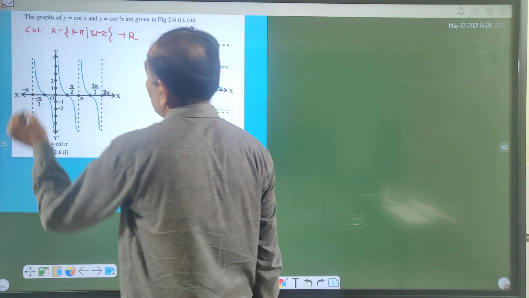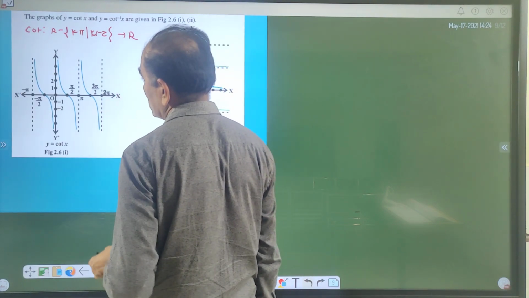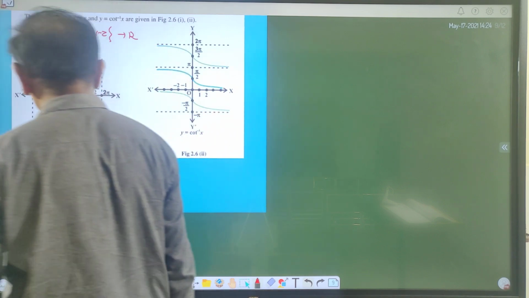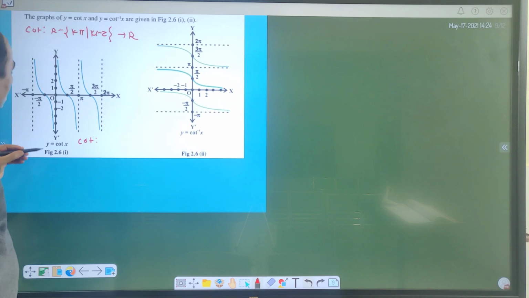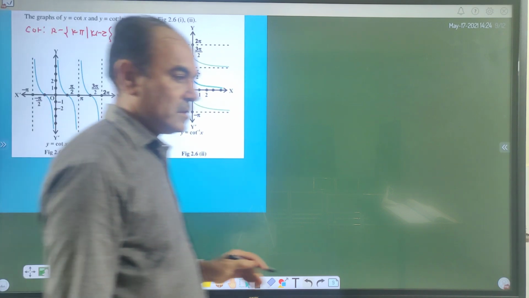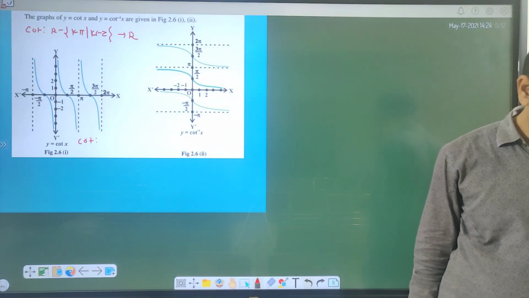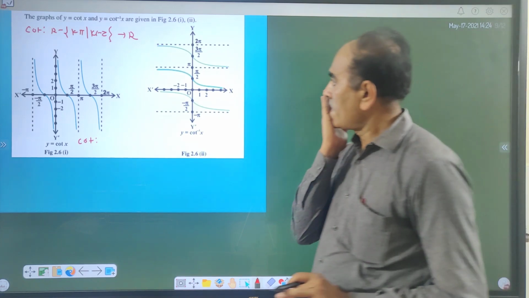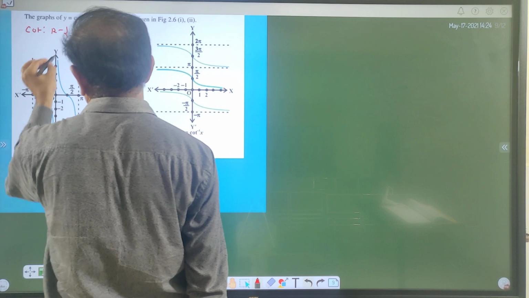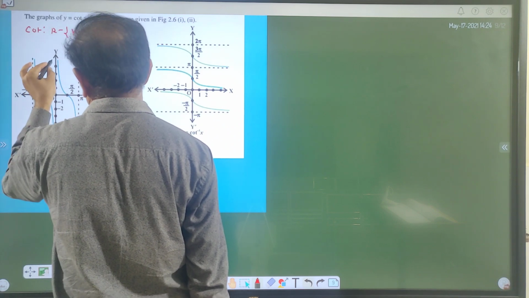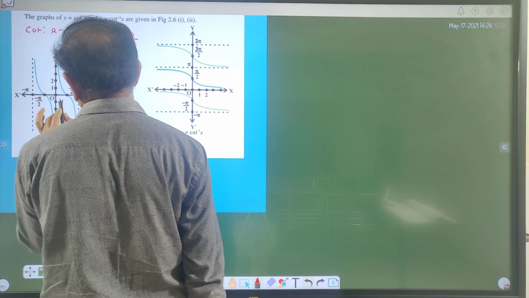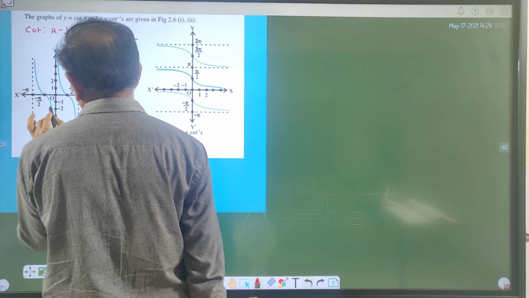Now, if we need to restrict the domain, from where to where? You can observe that for this part, here, see, 0 to pi. Clear?